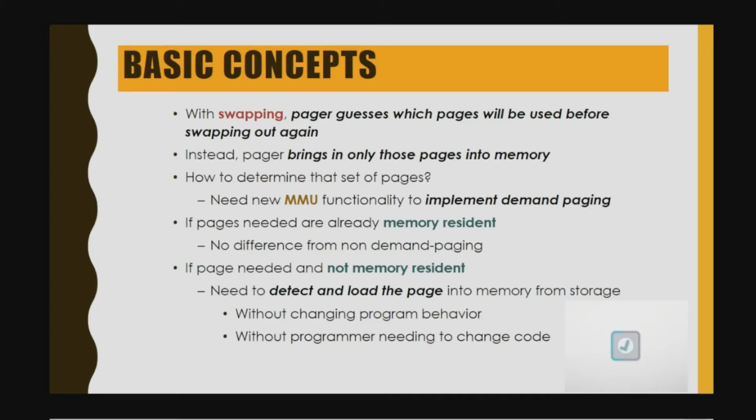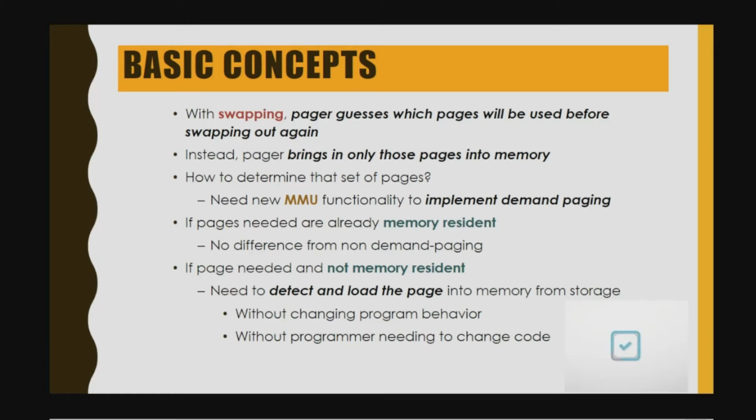If a page is needed and not memory resident, it needs to detect and load the page into memory from storage without changing the program behavior and without the programmer needing to change the code. It detects automatically, based on whether the page is memory resident or not.